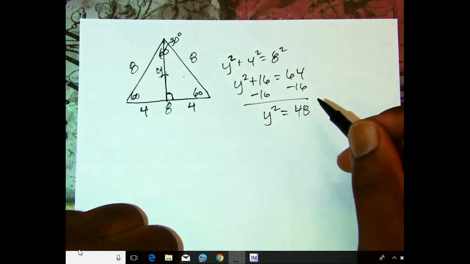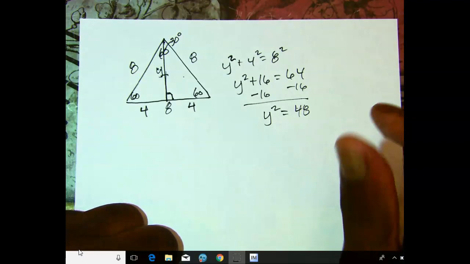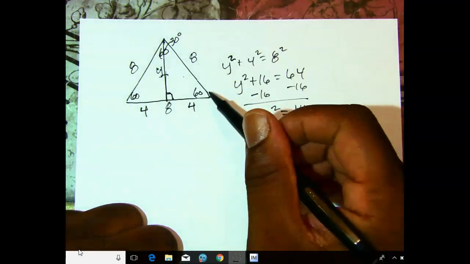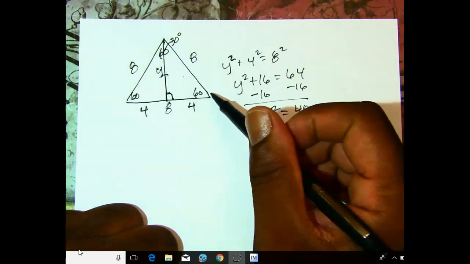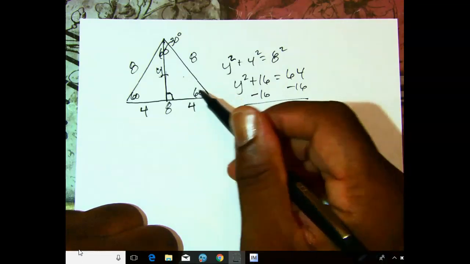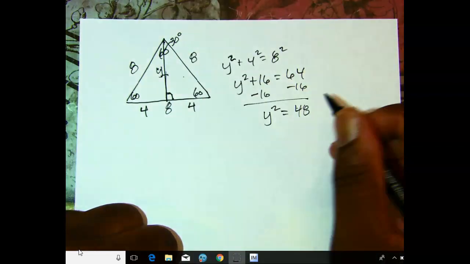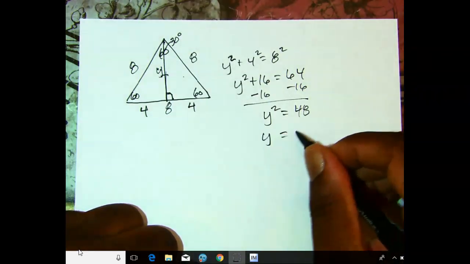Okay. Now, what we know from our unit circle is that the cosine of 60 degrees is 1/2, and the sine of 60 degrees is root 3 over 2. So we're trying to see if that still holds with this 30, 60, 90 triangle. So y is the square root of 48.